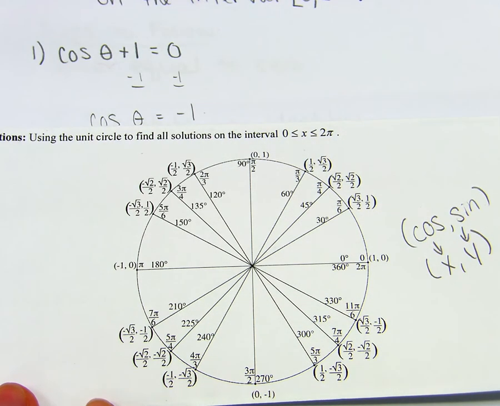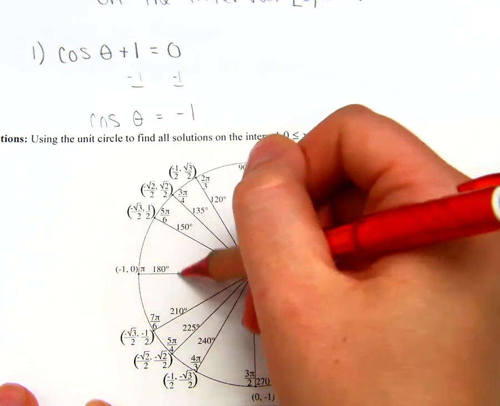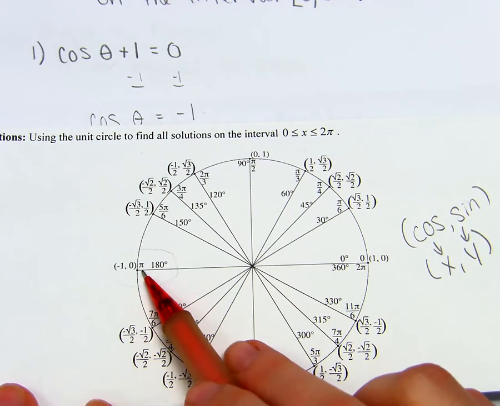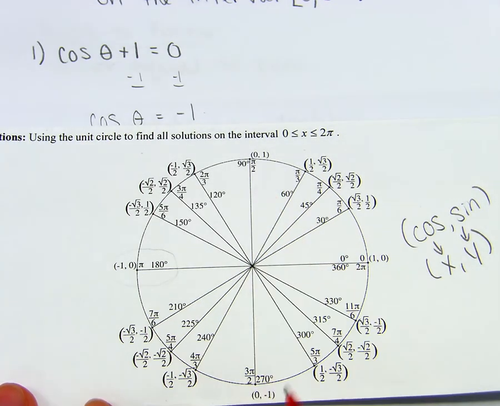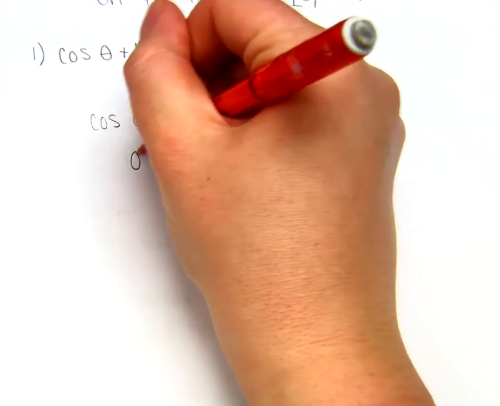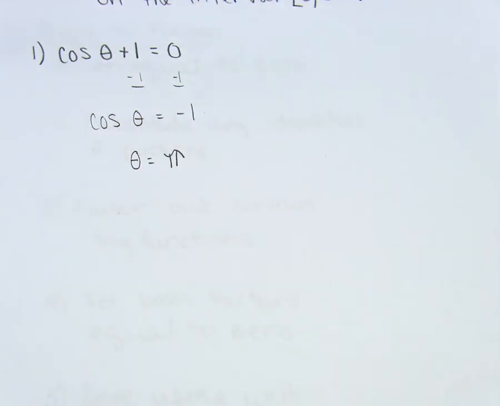So I want to know when cosine theta is -1. And if I'm looking at my unit circle, I see that cosine theta is -1 at pi. And I don't have a -1 anywhere else for my x values on the unit circle. So I know theta would equal pi. And that's my answer.